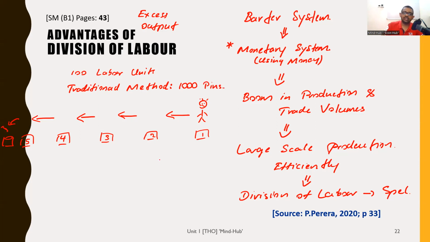That's the total output, 100 people working, 1,000 pins, each person 10 pins. Each person goes through all 5 stages.